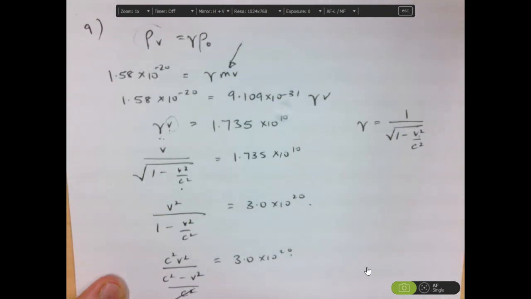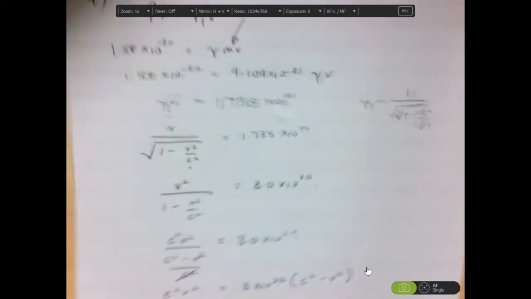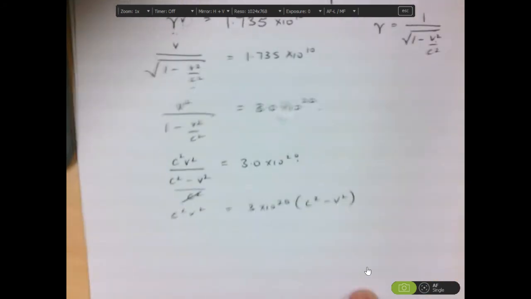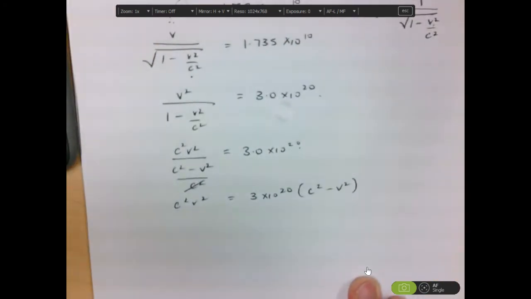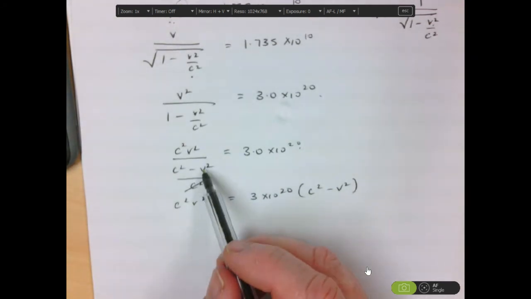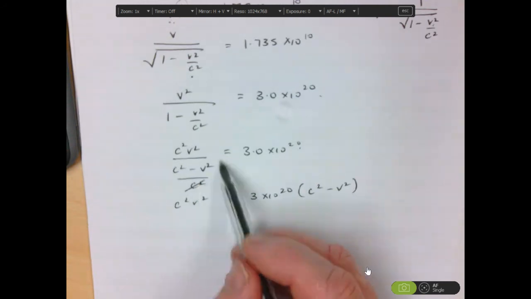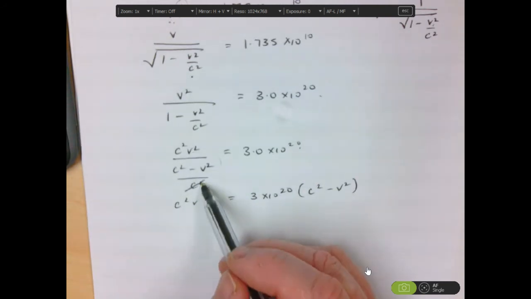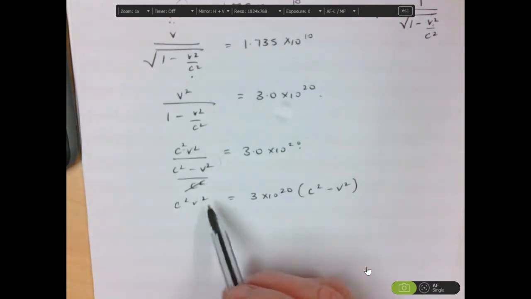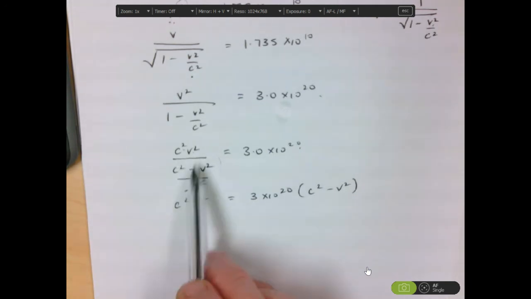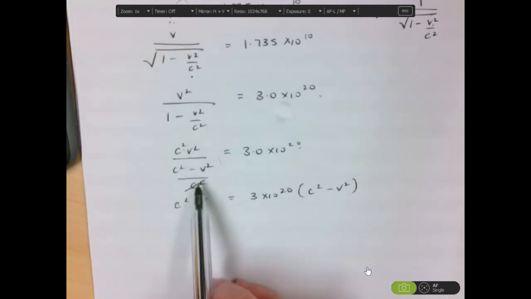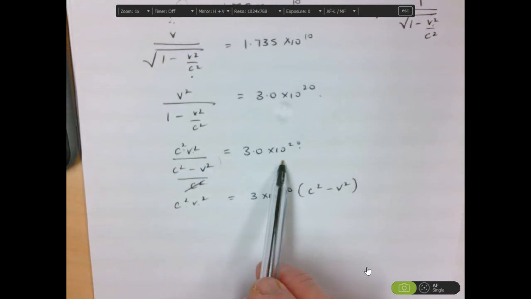So c squared v squared would equal 3 by 10 to the 20 times c squared minus v squared. I'll just run off the screen. Okay, so that's a stacked fraction. The denominator's got a denominator, so that denominator comes to the top. So we move from there to there. This gives us c squared v squared up the top here, and I've multiplied this up to that point there.